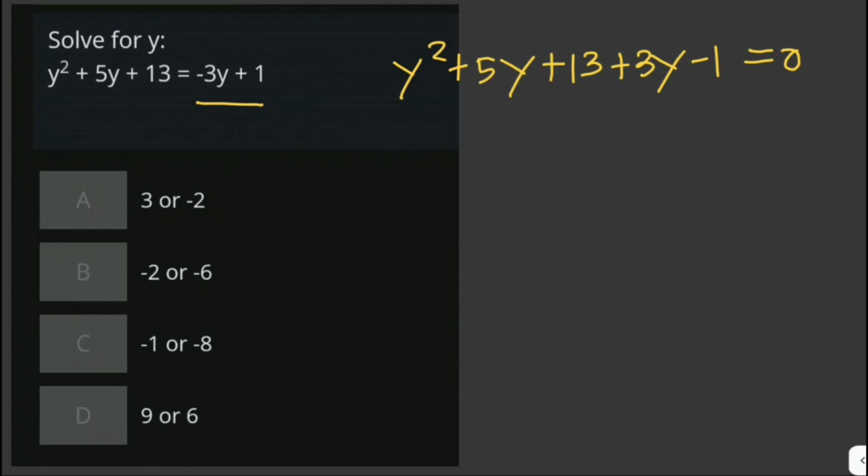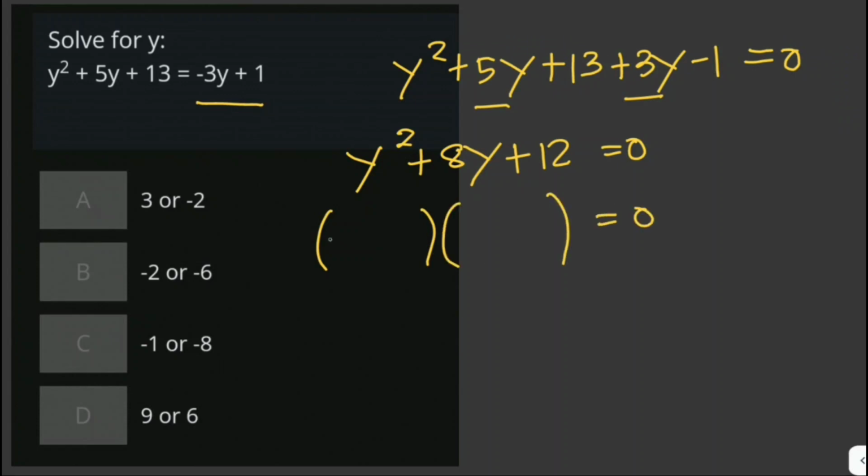Then we group like terms. 5y and 3y go together. So our equation would be y squared plus 8y, then 13 minus 1 is 12, equals 0. And then we can factor this quadratic equation. Okay, let's look for factors of 12 that when we multiply them, equal positive 12, and when we add them up, equal 8.